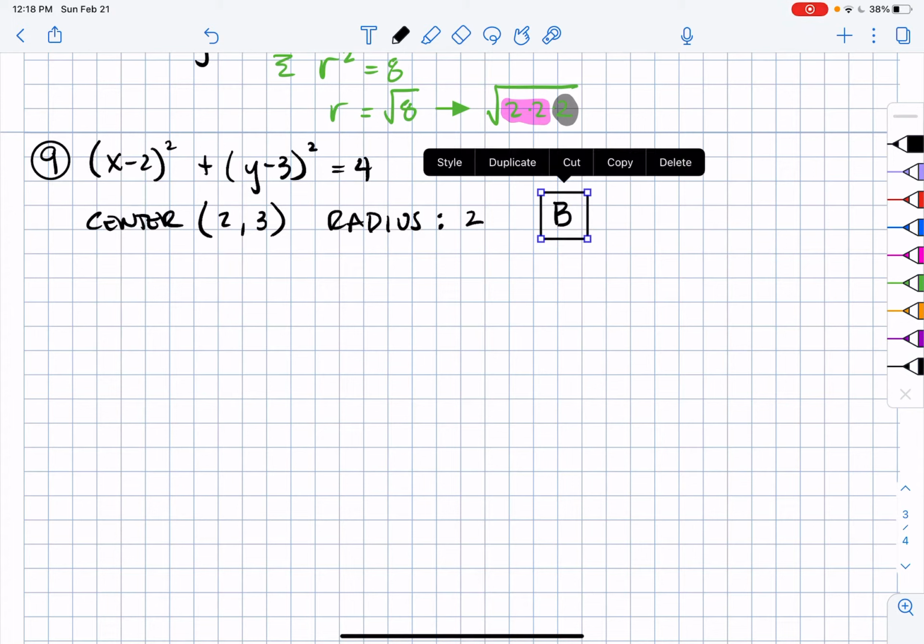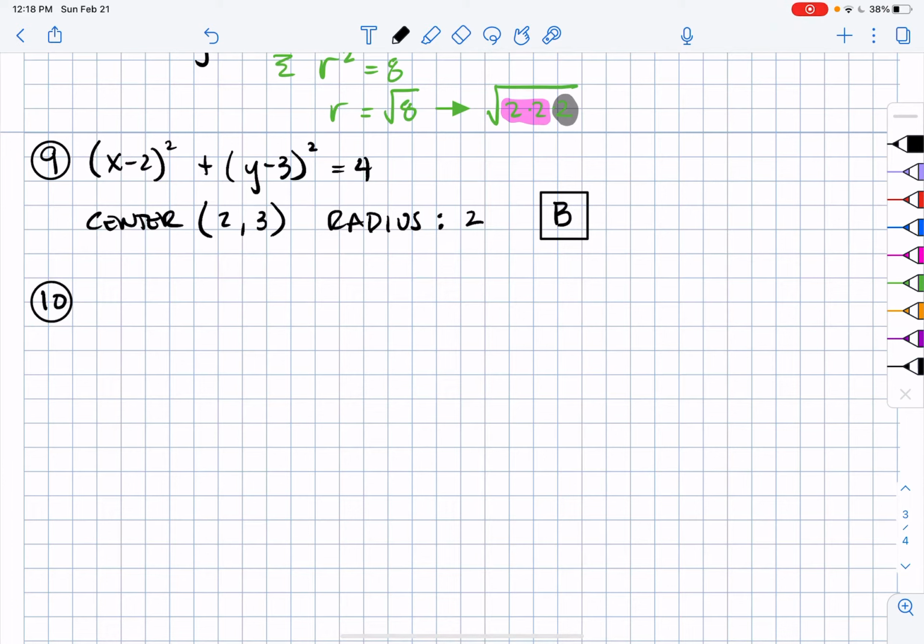There we go. All right. And on to number 10. All right, where's 10? Ooh, all right. So when you guys first look at this, you're thinking, oh no, we gotta do transformations again.